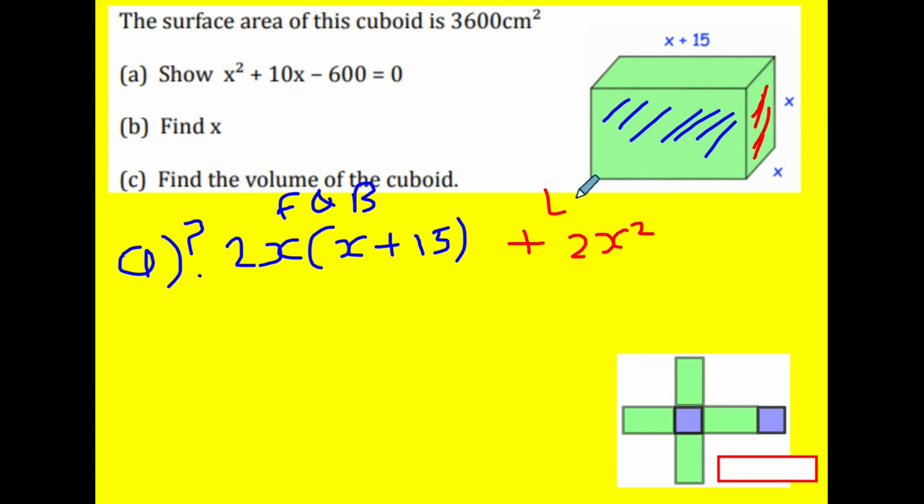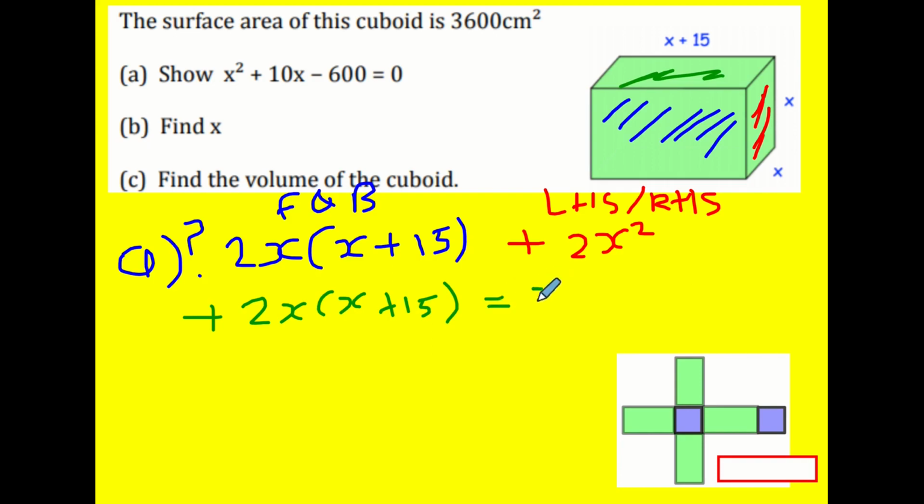And then finally, we've got the top, which is also x times x plus 15. And the same with the bottom. I'm going to write it out here for the time being, so it's going to be again 2x, x plus 15. And I can set that equal to 3,600.